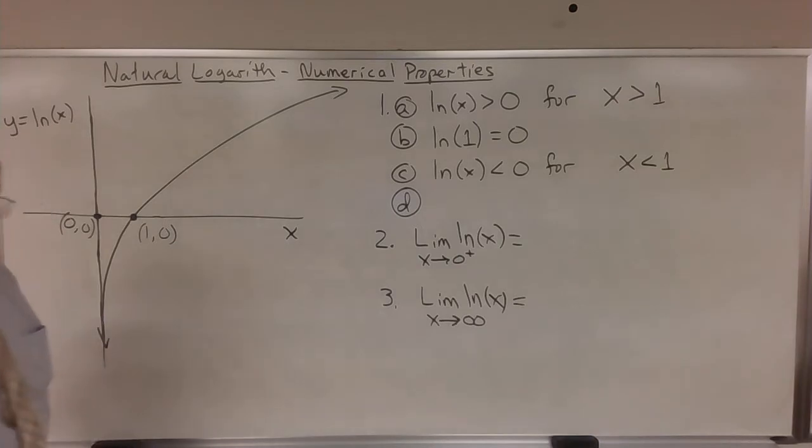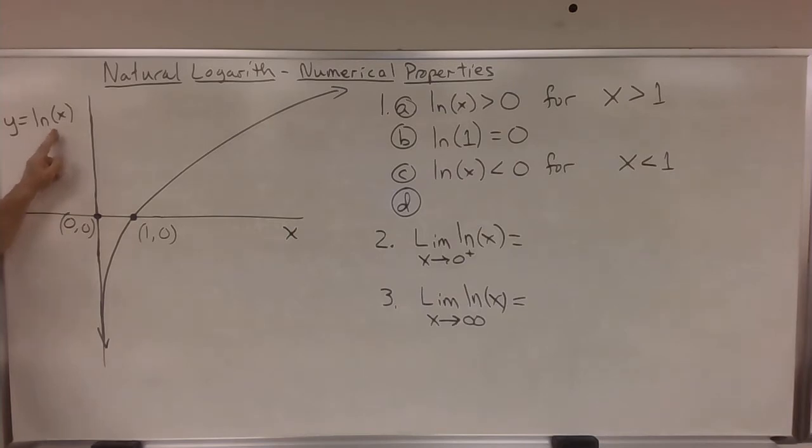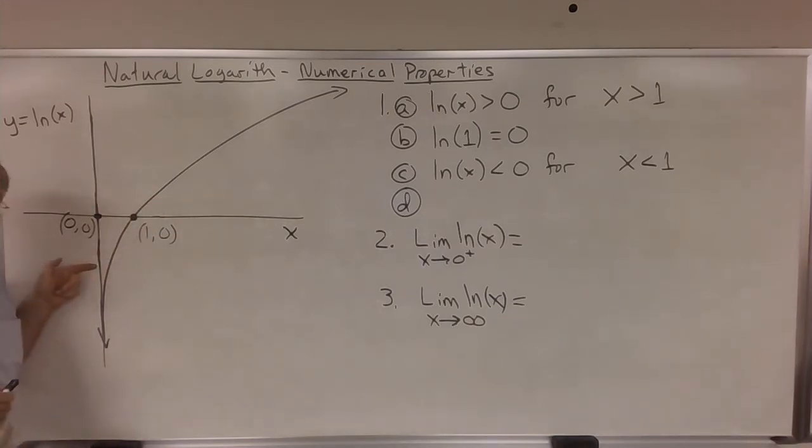But we're going to have to watch it. Look at this graph. Does the graph of the natural log of x cross the y-axis and come to the other side? It doesn't. The graph of the natural log of x lies completely to the right of the y-axis. In fact, the graph of the natural log of x never even touches the y-axis.